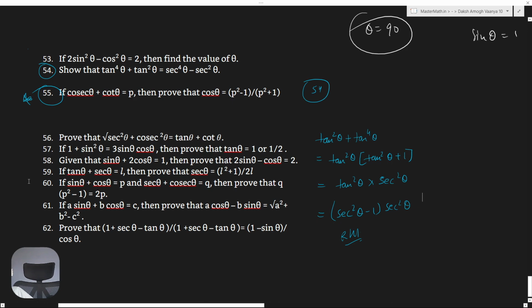So convert tan square theta plus 1 into sec square theta, into tan square theta. So the next, the last step I am also confused.